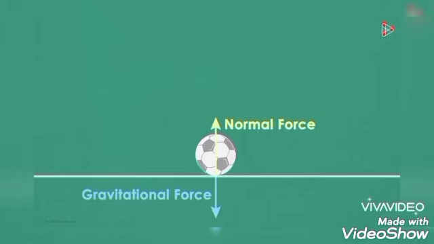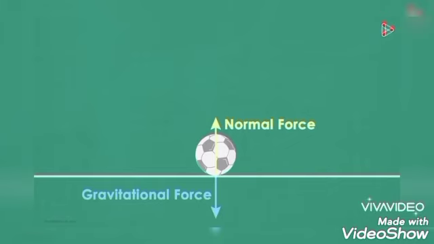So here there are two forces acting on the ball: the normal force in the upward direction and the gravitational force in the downward direction. But the ball does not move. Why? Because the forces in the upward direction and in the downward direction are equal.